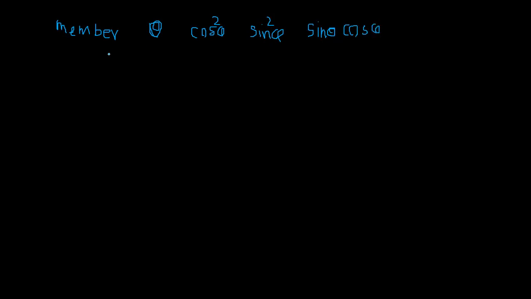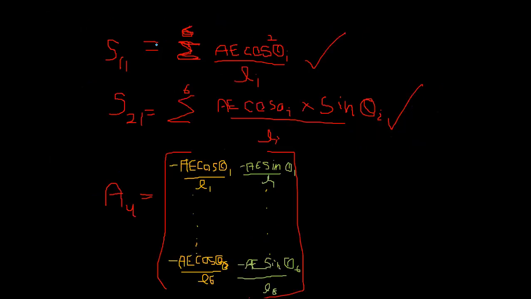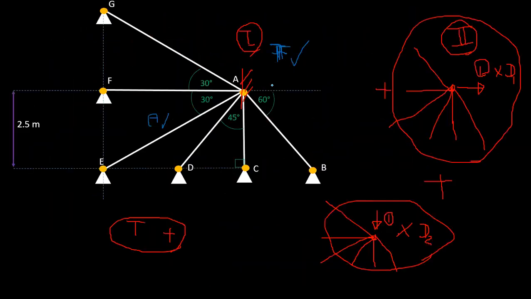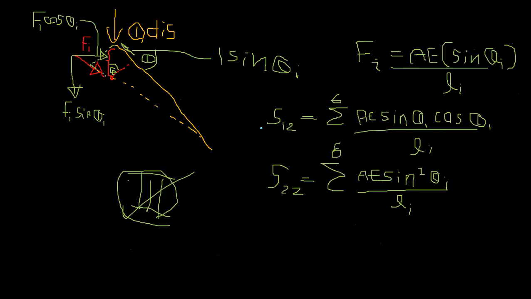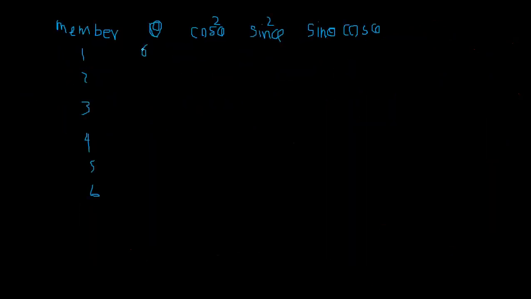So the members 1, 2, 3, 4, 5, 6. For member 1, theta is measured in clockwise direction from the horizontal x-axis. So it is theta 60. For the second member, it's 90. Third member, it's 135. Fourth member, it is 150. Fifth member, it is 180.